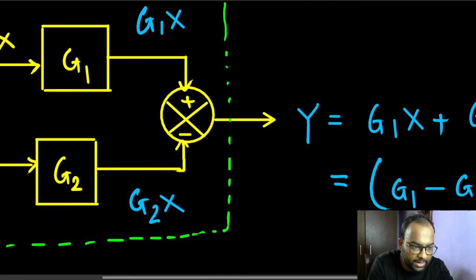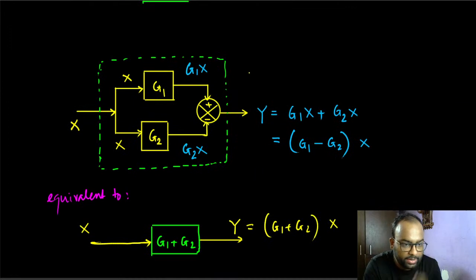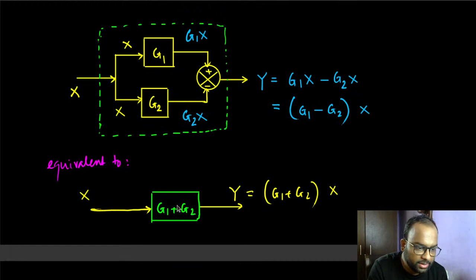If I have a minus sign here, then obviously the output will have a minus sign here. That's obvious, right? So if I have a minus sign here, that indicates that g1x gets up here and g2x is subtracted from that, and that gives you y. Now obviously the equivalent model would be g1 minus g2 instead. That's obvious, right?